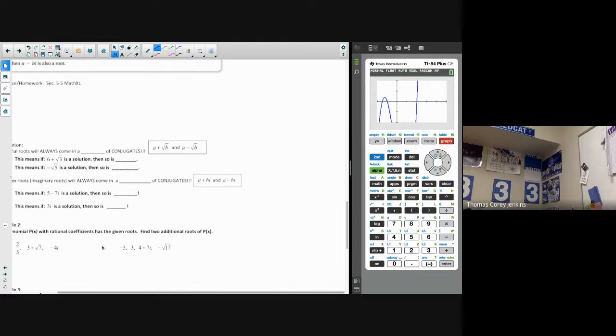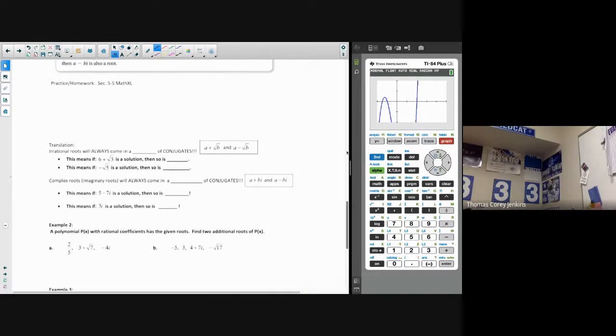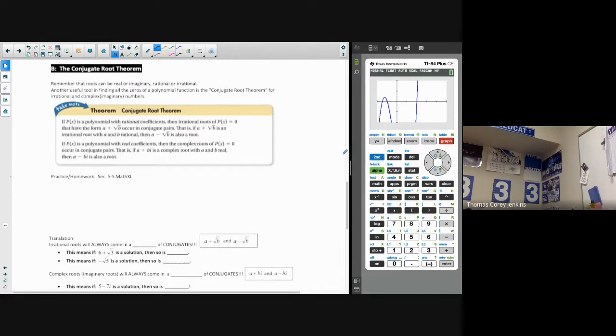All right, so then we finish with some stuff we kind of already know about. There's this conjugate root theorem. We talked about conjugates on your last test, if you had something like (2 plus i) over (3 minus i), it would say simplify, and you would have to know that the conjugate of that was 3 plus i, right?